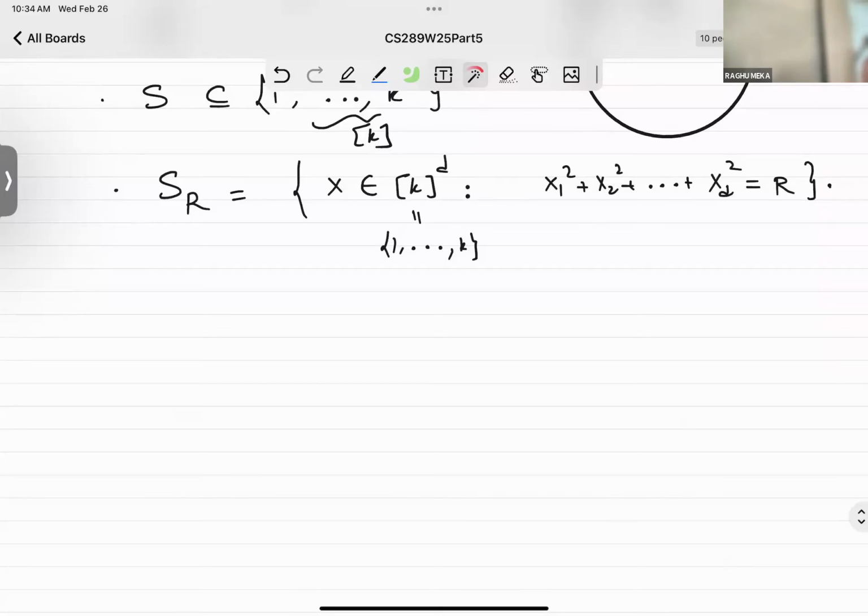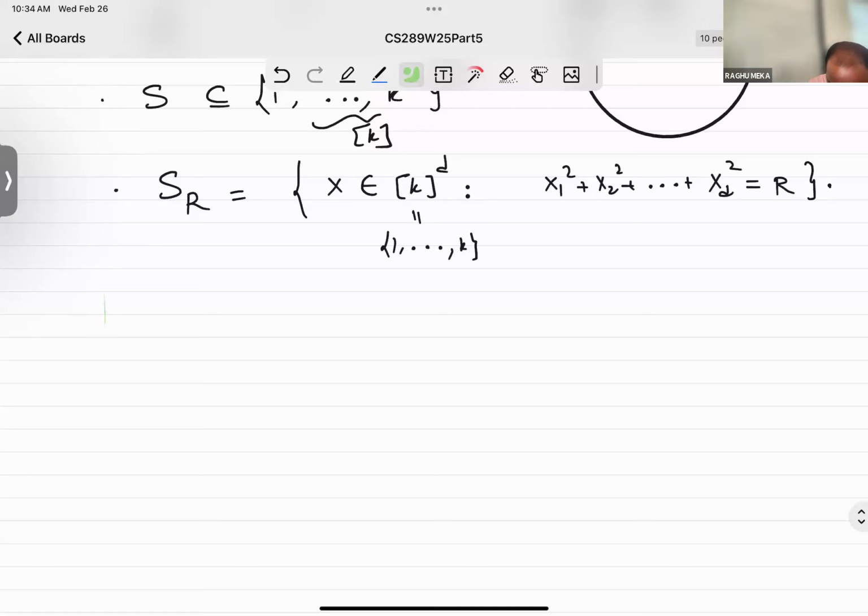So let's look at this set SR. From the same logic, SR does not contain solutions to x plus y equals 2z. If I take 2 points, their midpoint is going to be in the interior, its radius is going to be smaller, so it's never going to be in the same set.